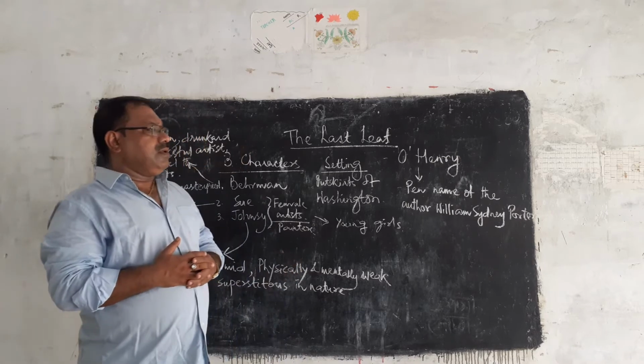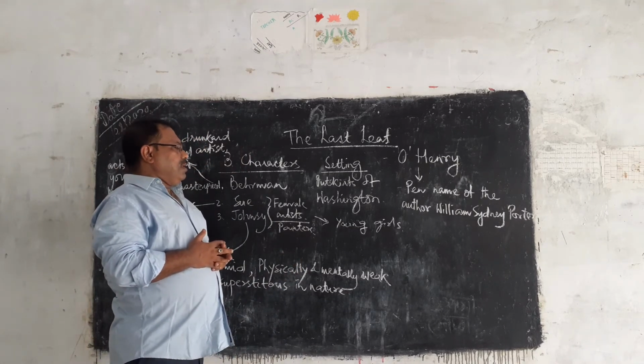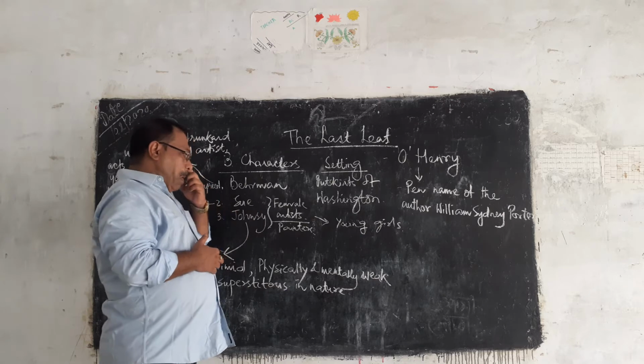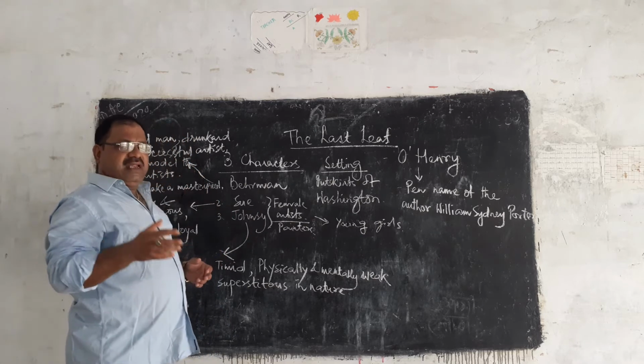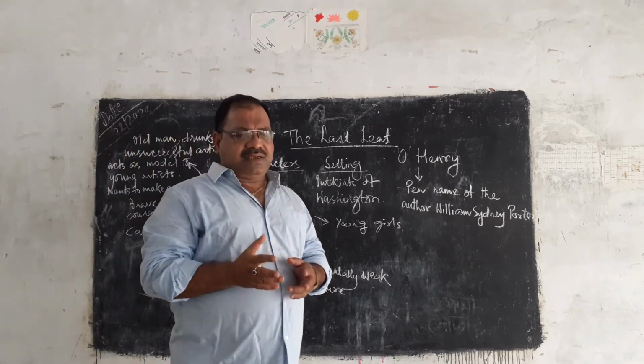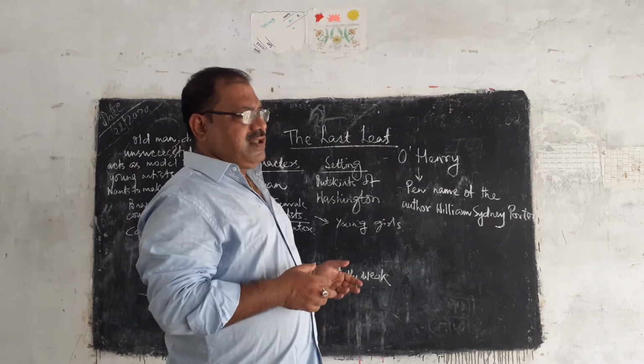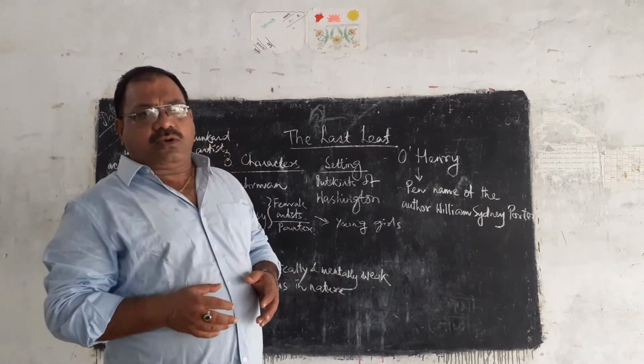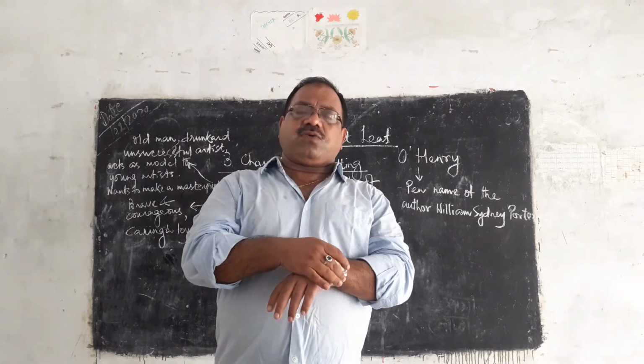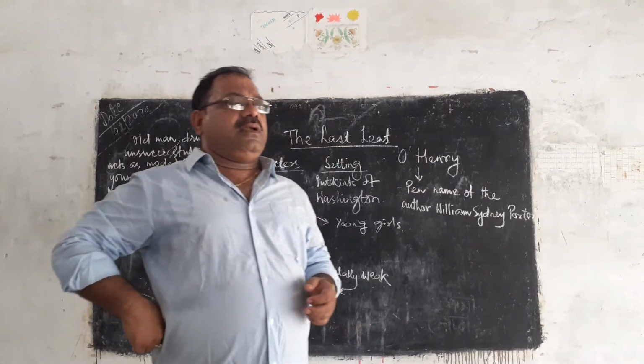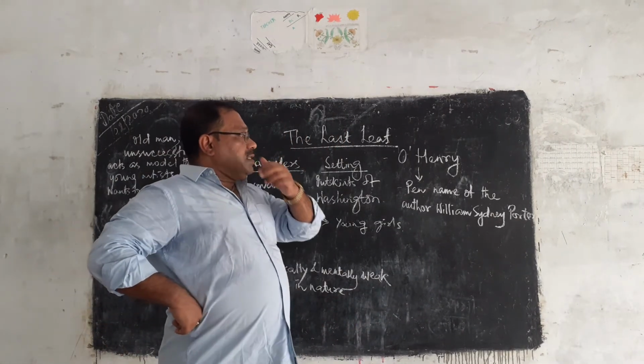But Johnsy, who is a very timid girl, physically and mentally weak, as I told you, and very superstitious in nature, could not cope with the harsh cold climate of Washington. She felt sick.